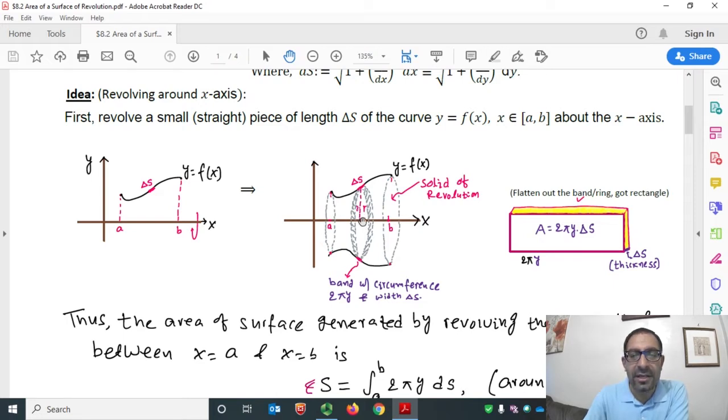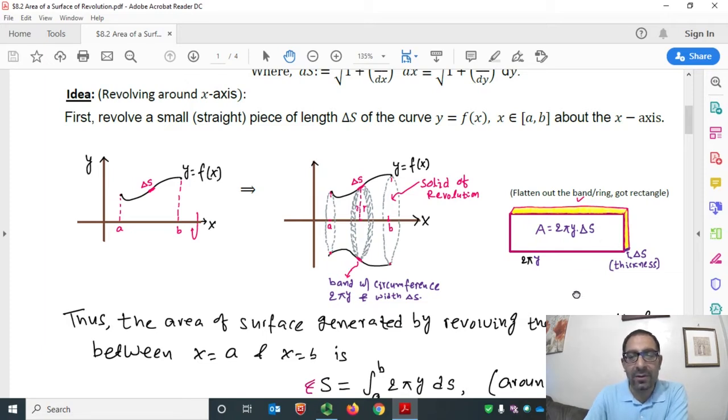The radius is the distance of this piece from the axis of rotation, which is y. So in the third diagram, the length of this rectangular piece is 2 pi times the radius, which is y, so 2 pi y, and the thickness is delta s. So the area of this rectangular piece is 2 pi y times delta s.